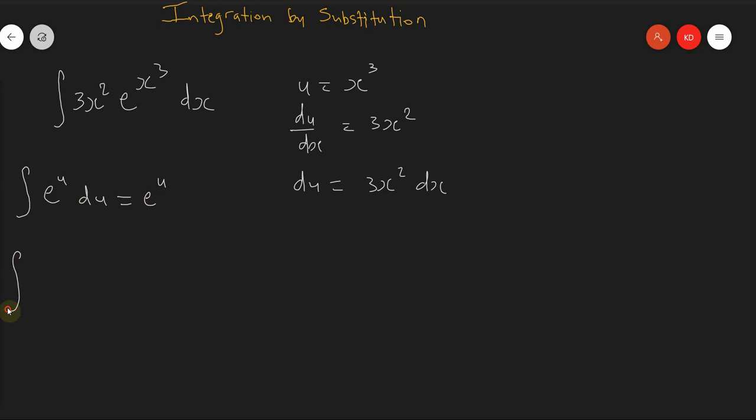Therefore we can say that the integral of 3x squared e to the x cubed dx is simply equal to e to the x cubed. Of course, remember your plus c. This is an indefinite integral, so always remember to put your plus c, right?